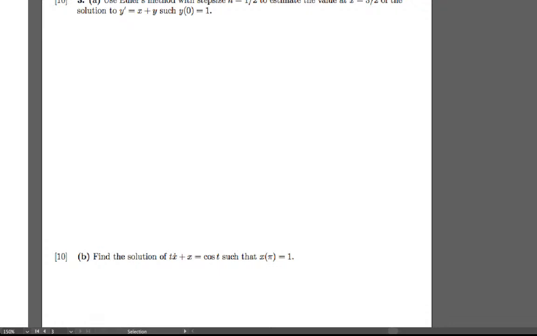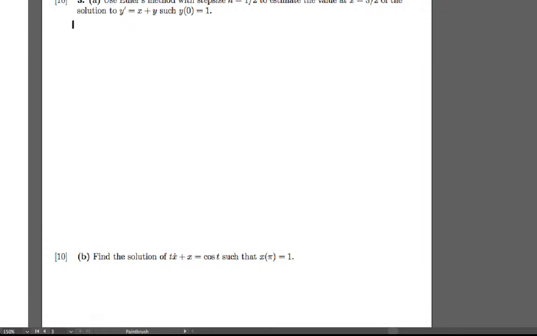Okay. Use Euler's method with step size h equals half to estimate the value at 3/2 of the solution. So in this case, the way for me to do Euler's method is just by drawing a graph.